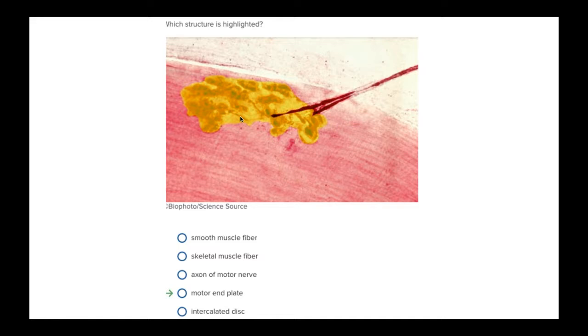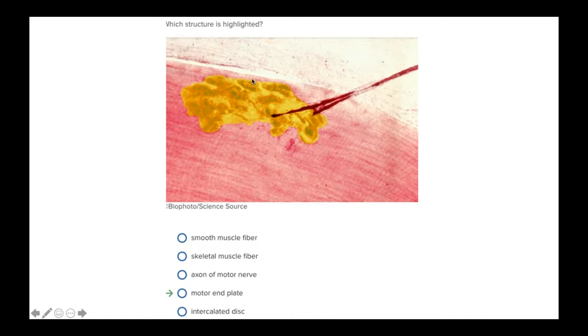So the acetylcholine is released from the axon terminal. It's now in the synaptic cleft, this gap, this space, and the acetylcholine is going to bind to the motor end plate, to the membrane of the motor end plate.